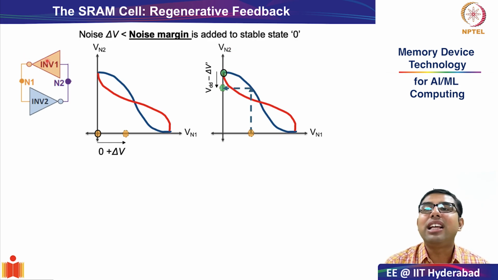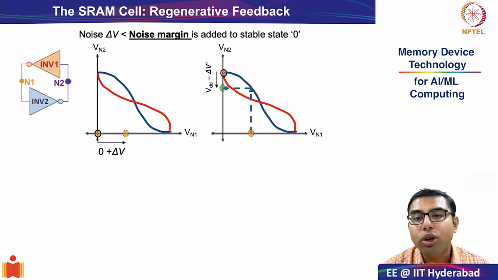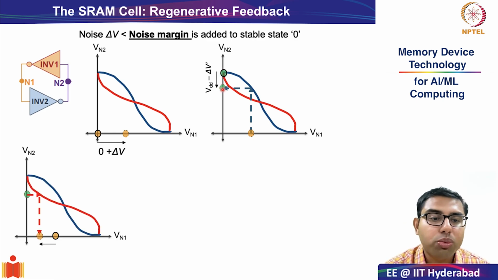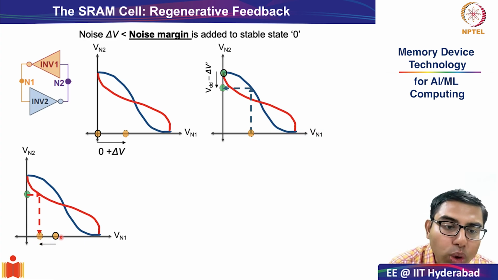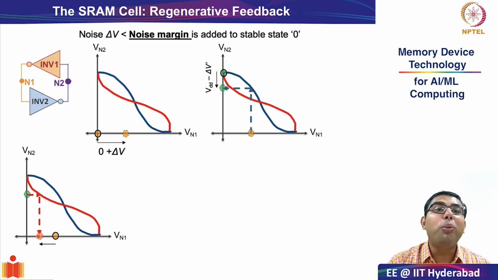So because it is color coded in red, we have to look at the red curve. So let us look at the red curve, and this is what I have done. I have projected the input N2 on the output N1, and we see that the new position of Vn1 has now shifted towards the 0 point.